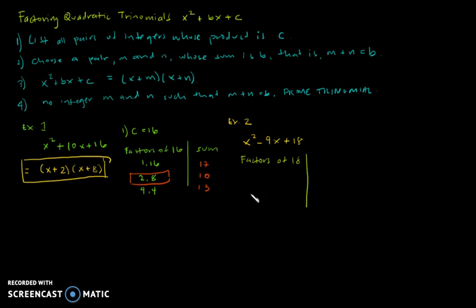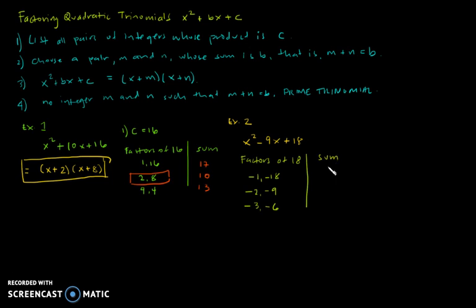You can use negatives, as long as c is equal to positive 18. So let's have negative 1 and negative 18, then negative 2 and negative 9. We also have negative 3 and negative 6. And then we get the sum.